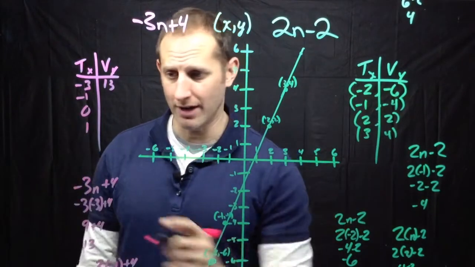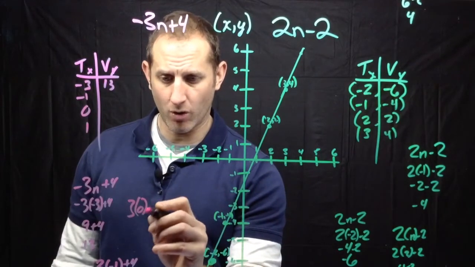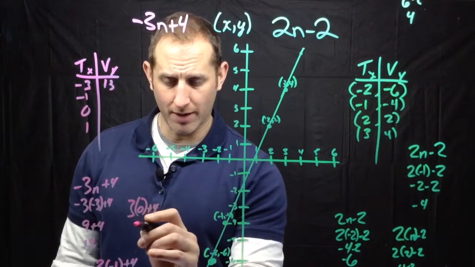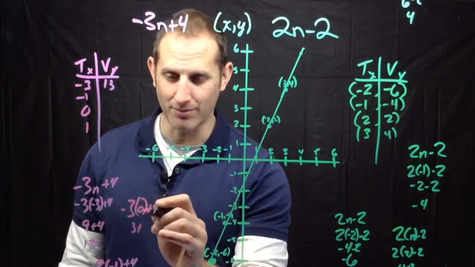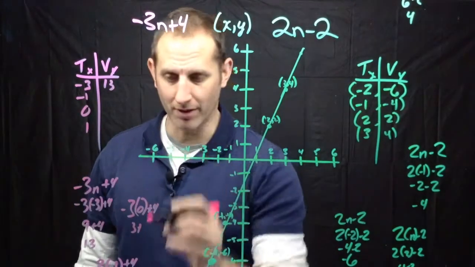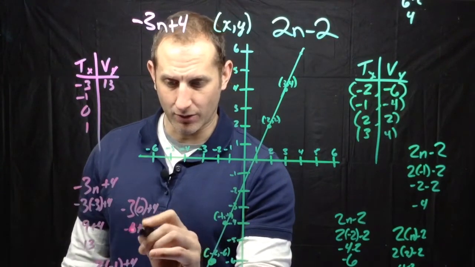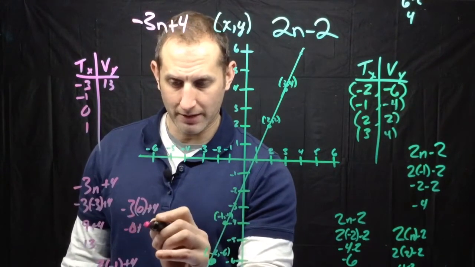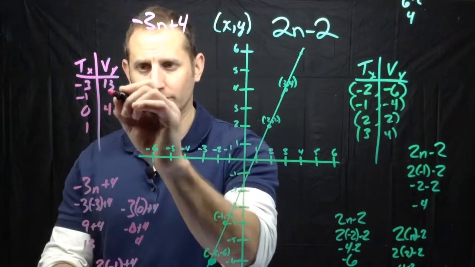Let's try 0 and see if that works. We're going to go negative 3 times 0 plus 4. I keep forgetting that it is a negative number. Negative 3 times 0, that would be a 0, plus 4. 0 plus 4 is 4, and now I've got one that works.